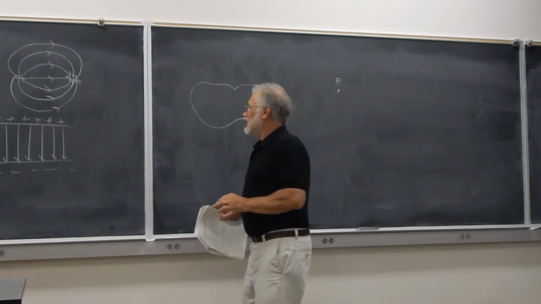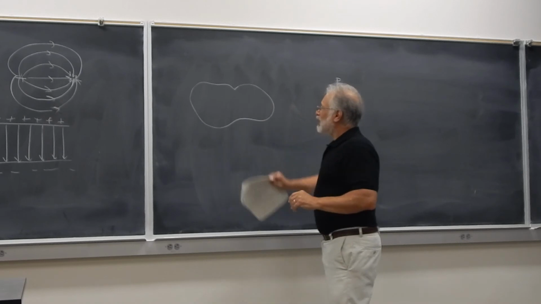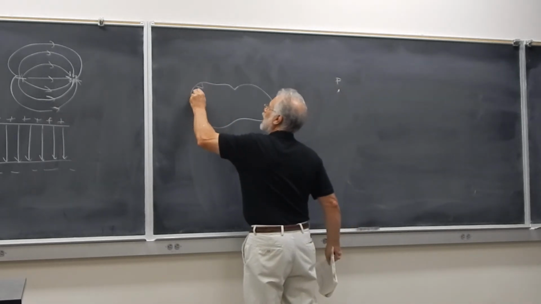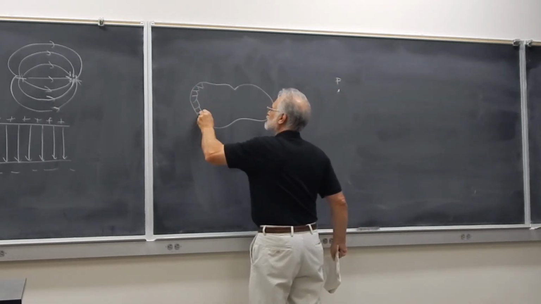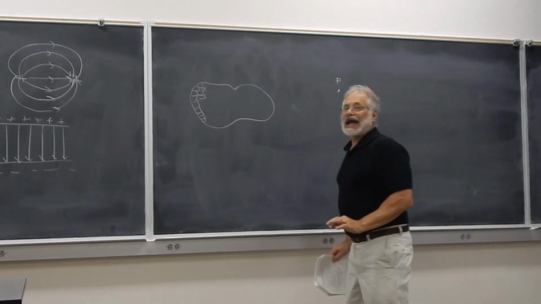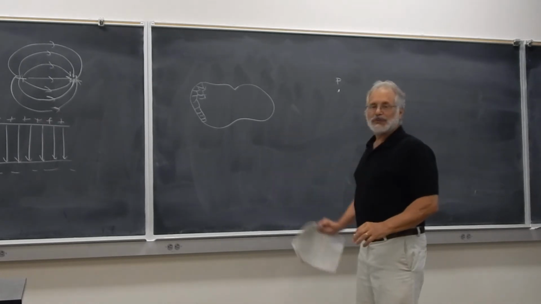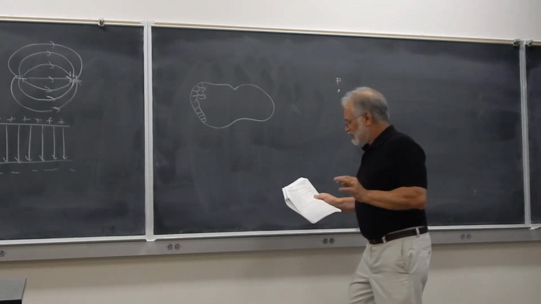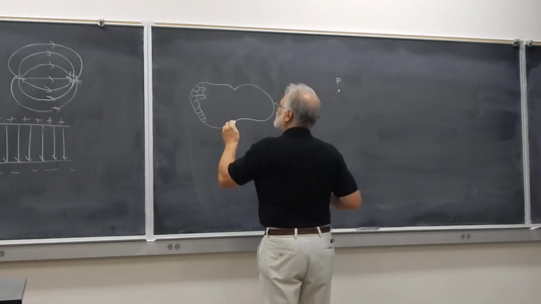Well, one might say, let's just divide the blob up into a bunch of bloblets, each bloblet being a point charge, and let's add up the field due to every one of those point charges.